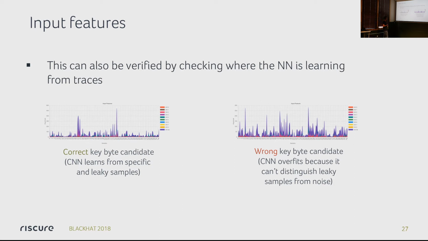So if I modify the key of my device, not modifying the key in the traces, of course, but just in the analysis, you can see that when the key is correct, the network learns only the leakage. It doesn't learn the noise. And then here, if the key is wrong, it still provides higher accuracy, but it doesn't learn only the leakage, it learns everything. So it tries to adapt to the noise.